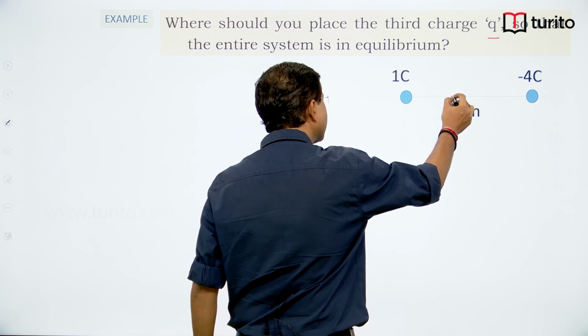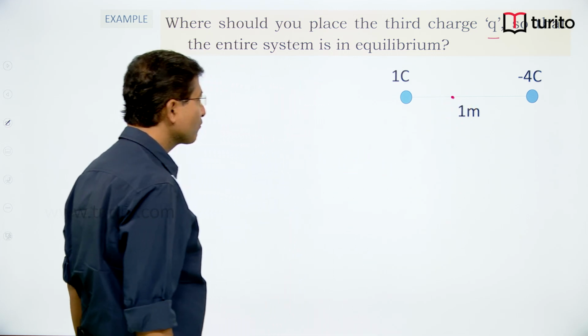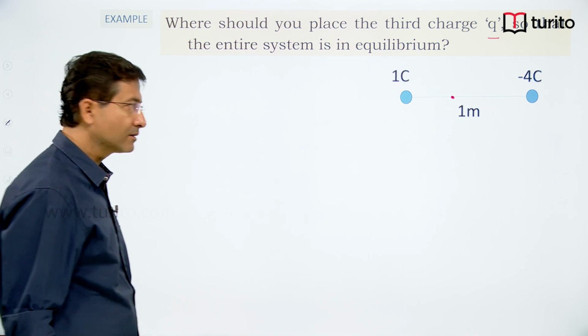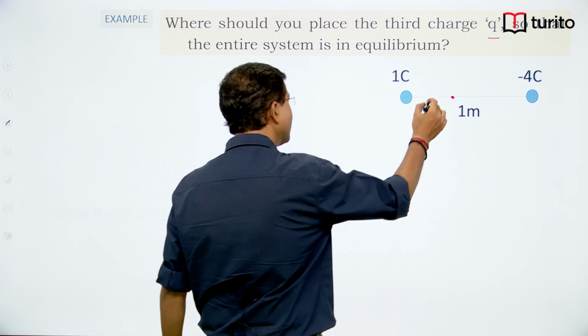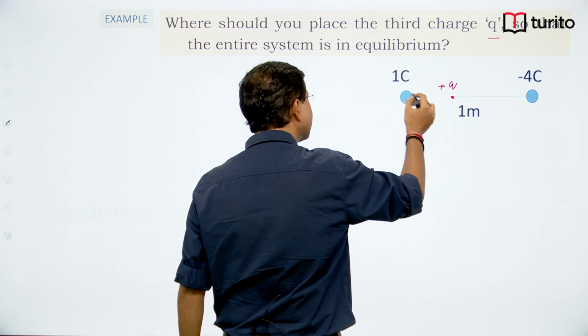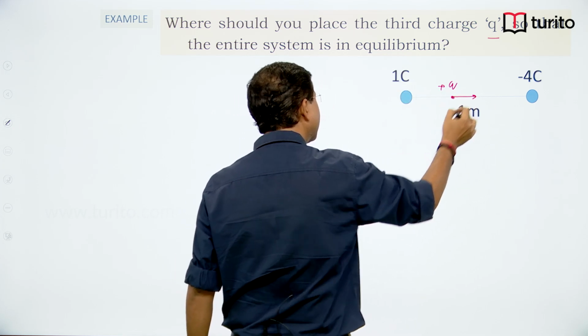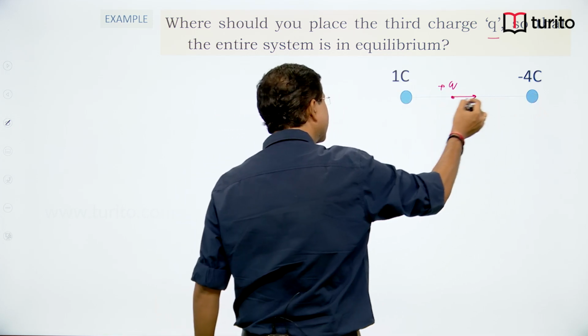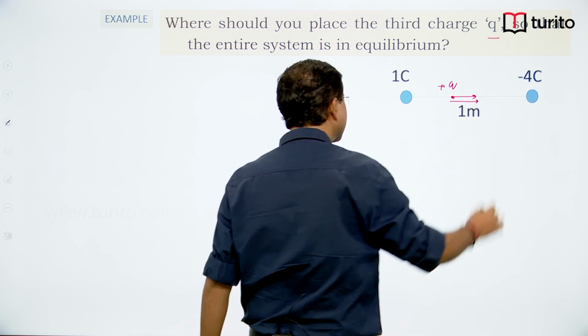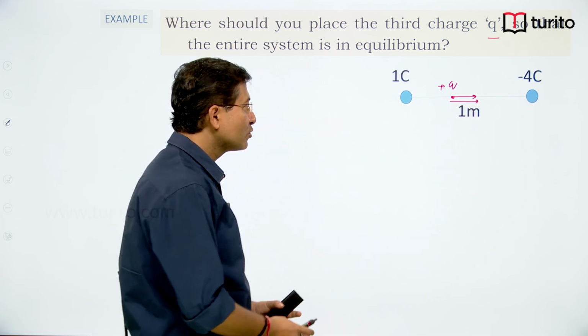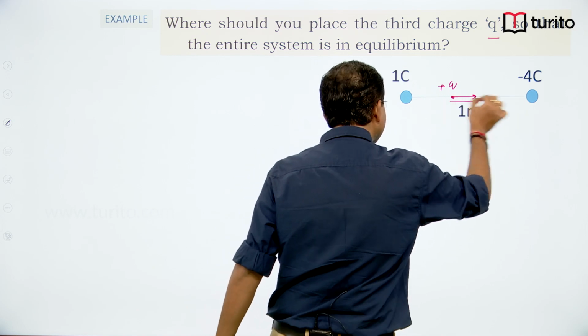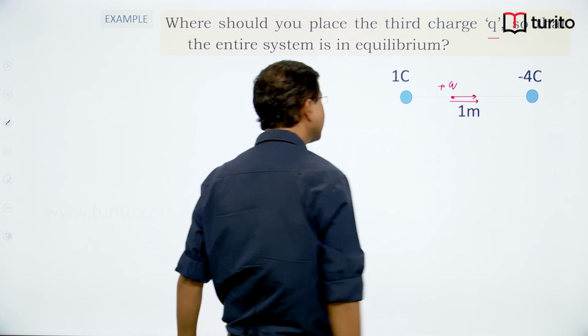If I place charge here, plus charge, right. If I place plus charge here, then this one will repel and this will attract. Both the forces are in the same direction. So nowhere between these two charged particles are the forces in opposite directions.